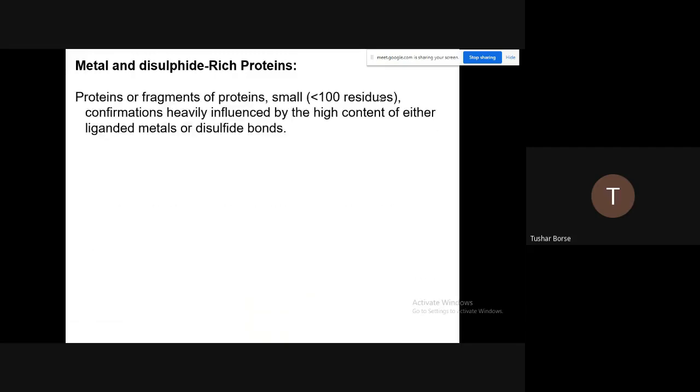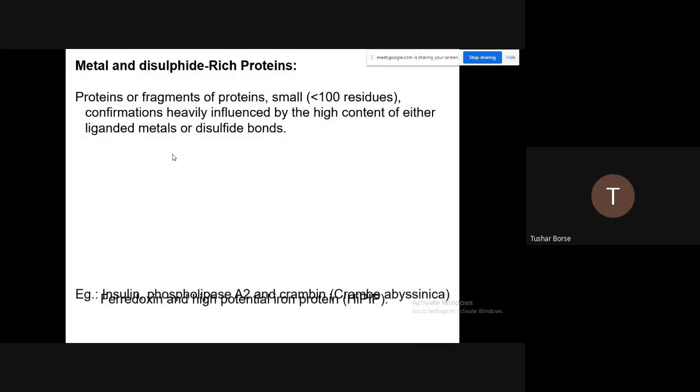So these proteins of this category, containing a metal or rich in disulfide bonds, are smaller proteins, maybe made up of less than 100 residues, but they are influenced by the presence of the metals or the disulfide bonds within those structures.